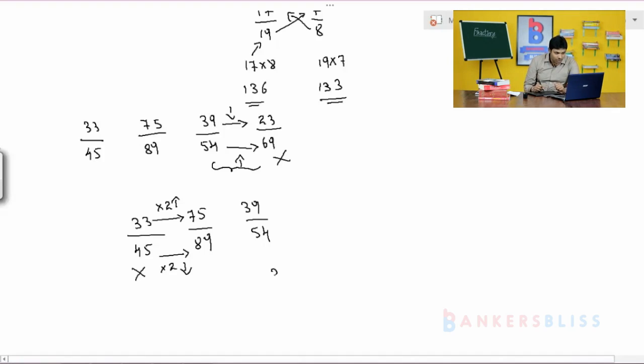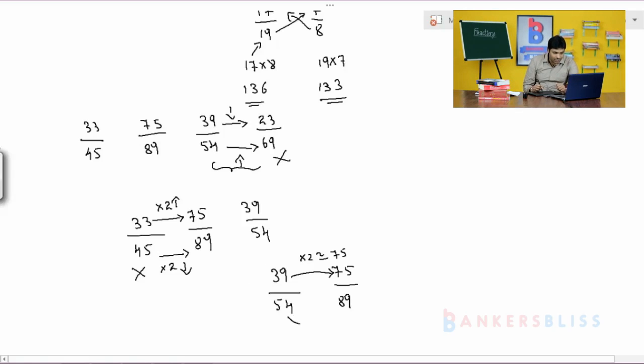Now you have an option, that is 39 by 54. This is one fraction. Next, 75 by 89. This is one more fraction. Now again you go with these two. 39 twos are 78, so into 2, very near to 75.